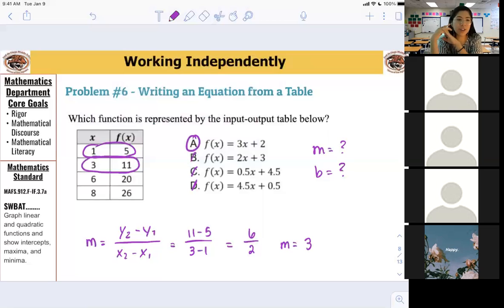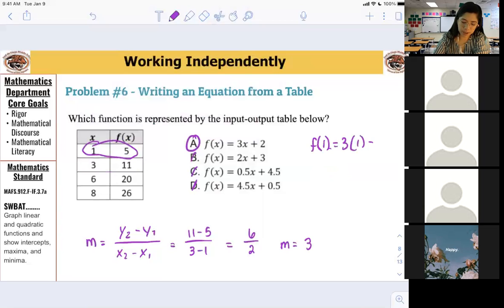So another strategy, and I see Alyssa's putting this in the chat as well. There's another strategy, but it does require a little bit more work. What you could have done also is to pick a point, like 1,5, let's say, and then plug it in and see if it matches. So I could have plugged in 1, and I should get 5.